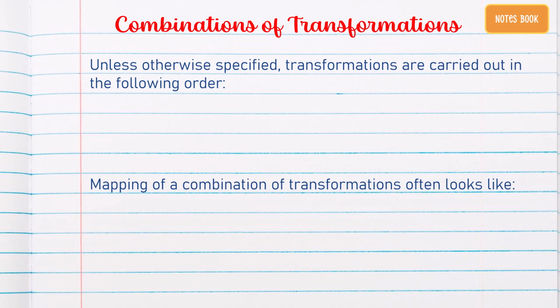Now, with transformations, we can also combine them, right? We're not just stuck to doing only dilations, only reflections, and so on. Now, the order that we have to follow for the transformations is D for dilations, R for reflections, and then T for translations, unless it's otherwise specified, okay?